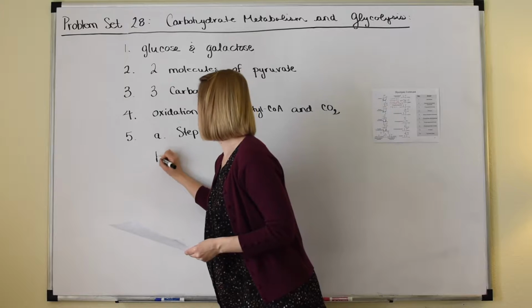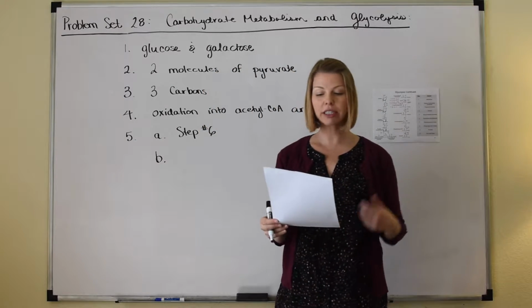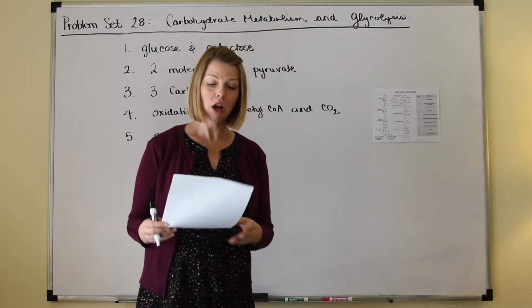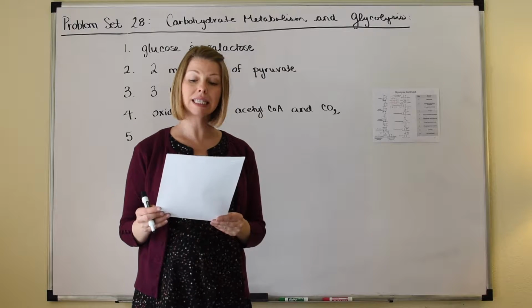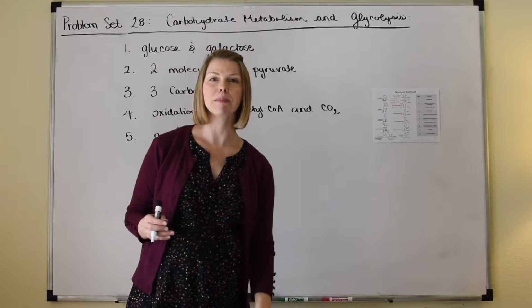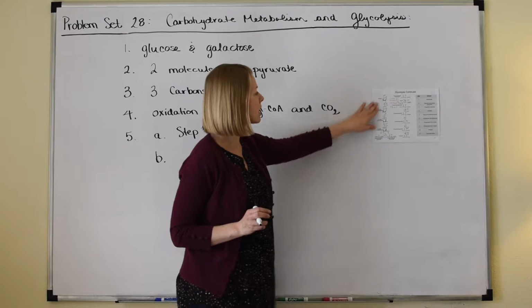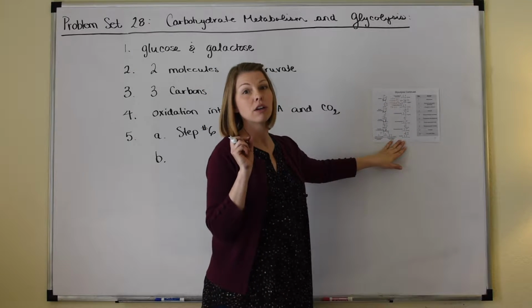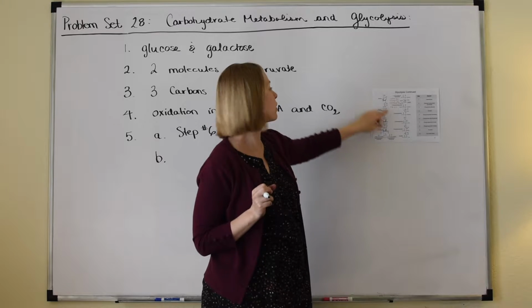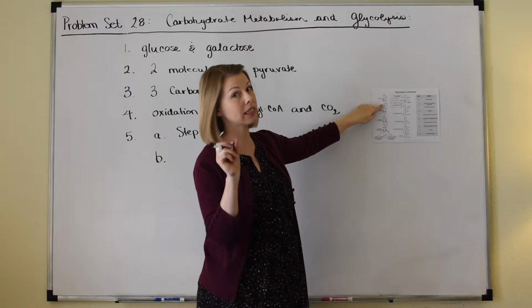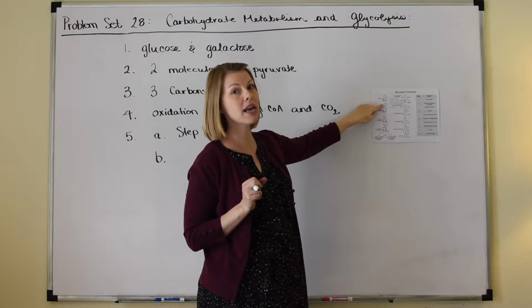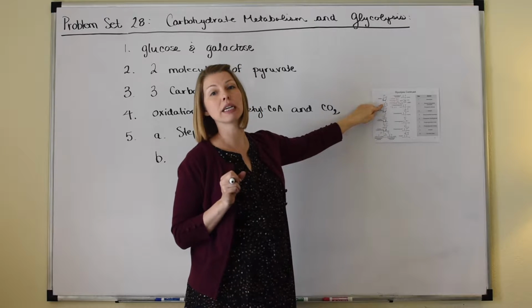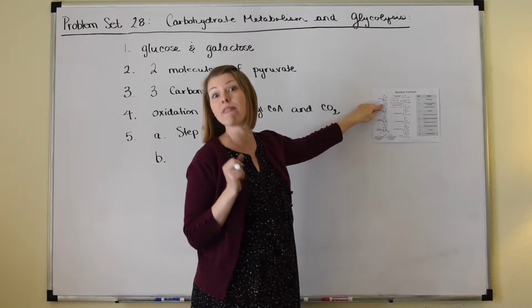Okay, part B. Which step, or which steps plural, result in the direct synthesis of ATP? Now, when we look at this, we see ATP involved quite a bit, but make sure that you notice that on step 1, although ATP is involved, that ATP is actually being used as a source of phosphate.